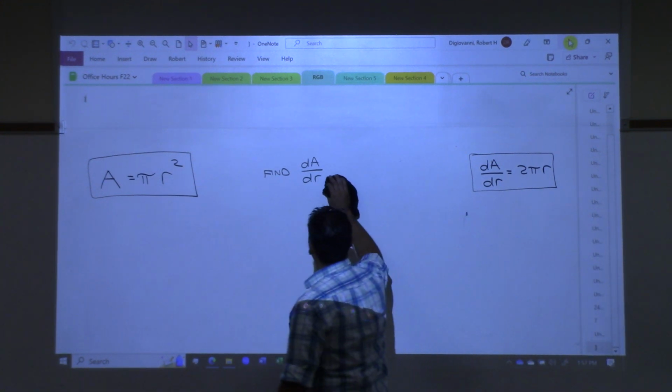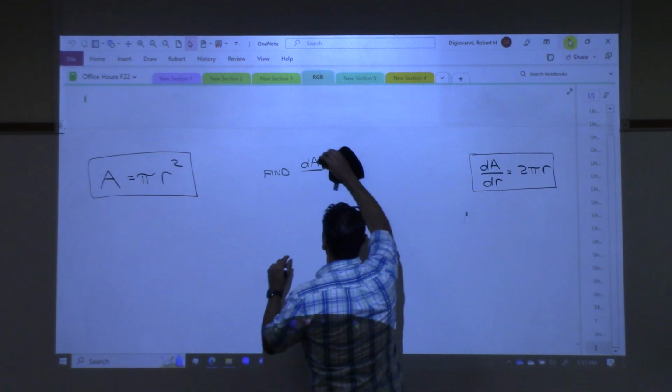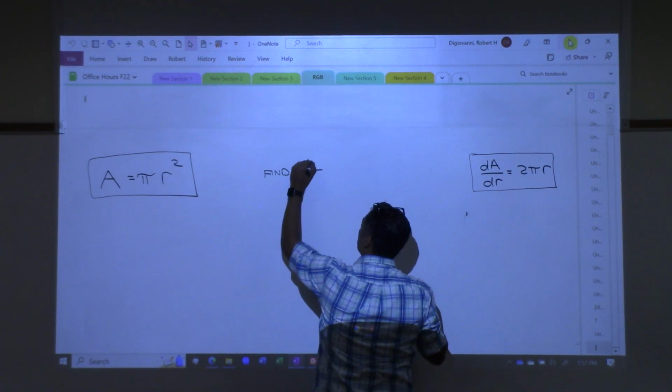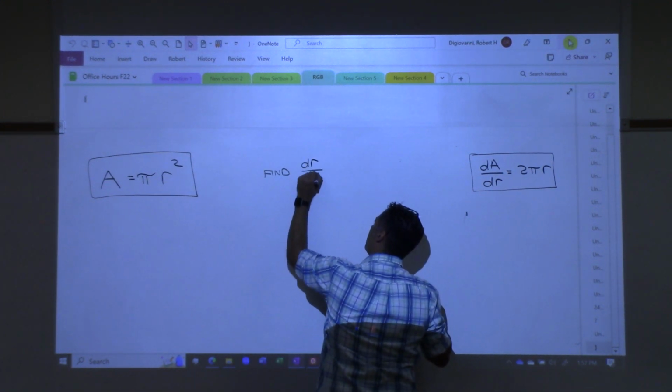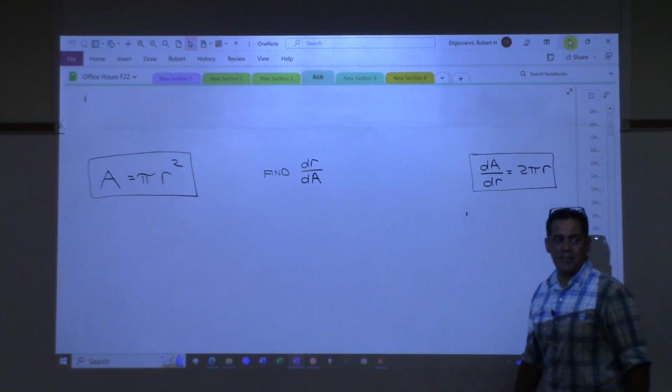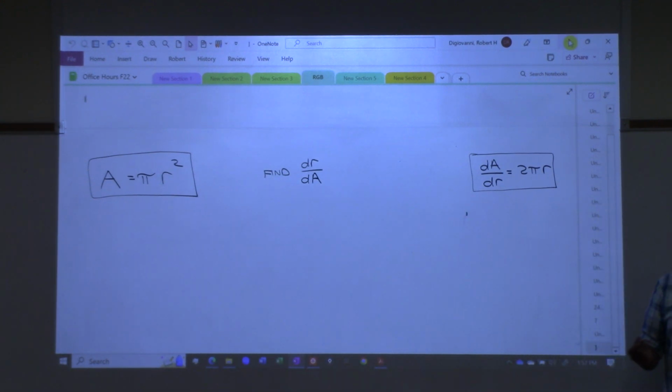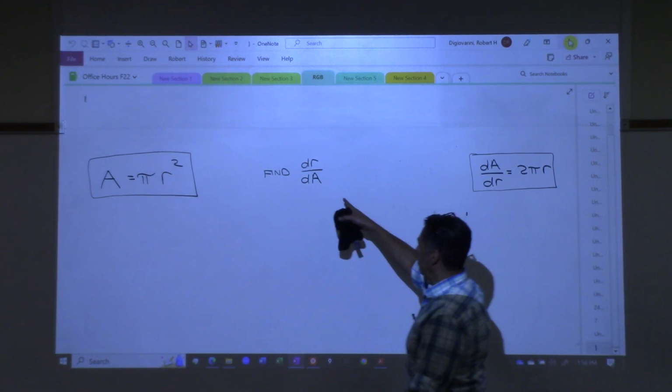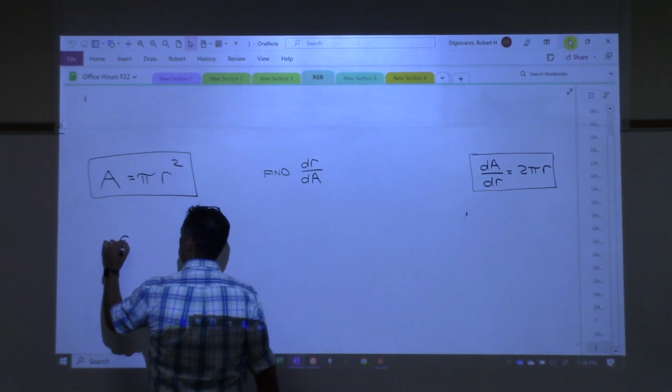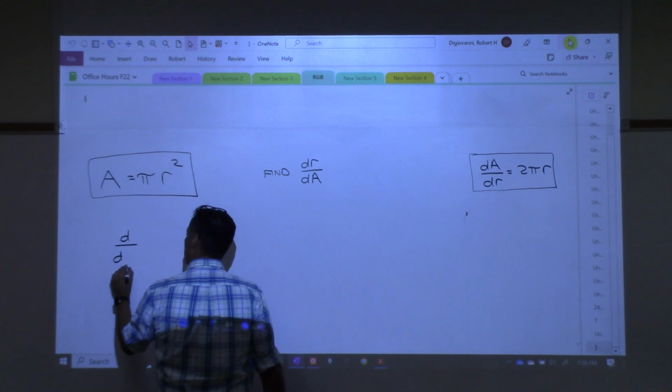Same problem, I want to know this. What's dr/dA? Now I'm asking, how much does the radius change by if I change A by a little bit? So if I change the area a little bit, how much does that impact the radius? That's a different question, because now we're going to take this equation and differentiate both sides with respect to what?